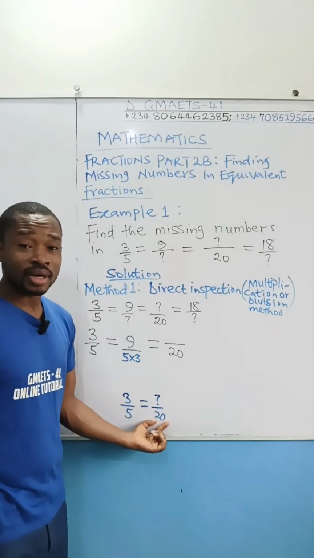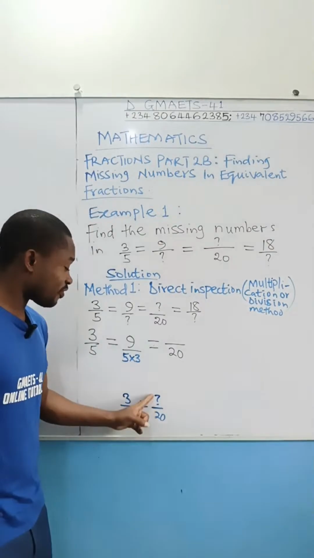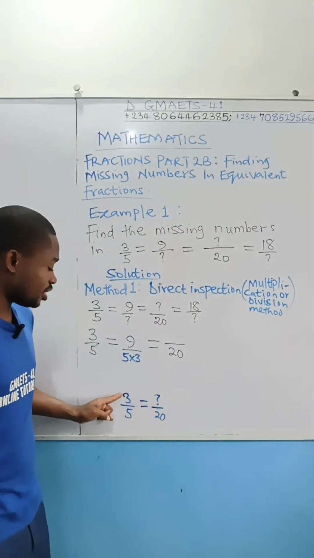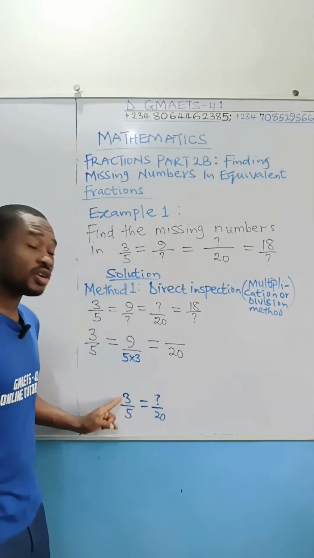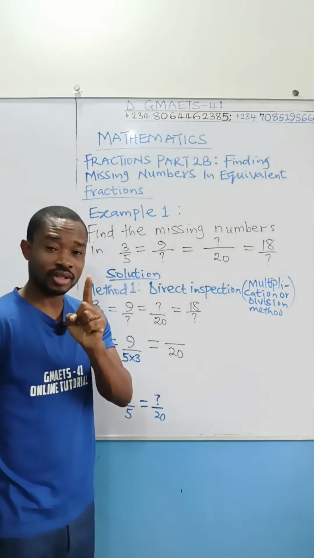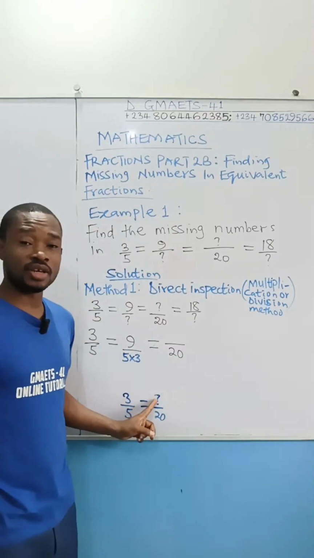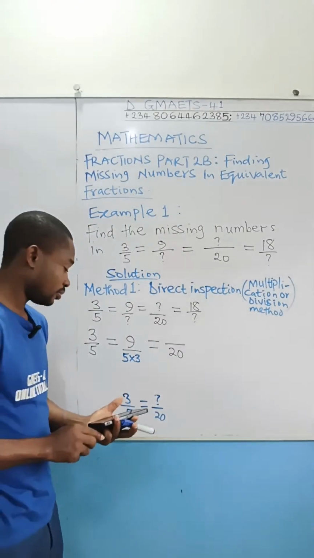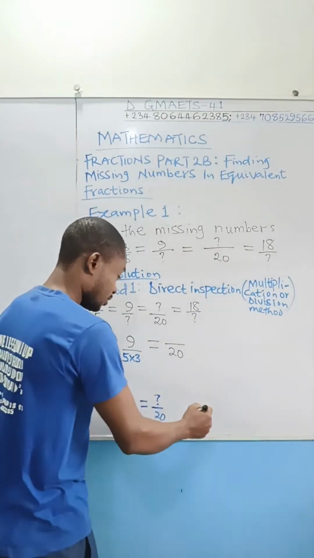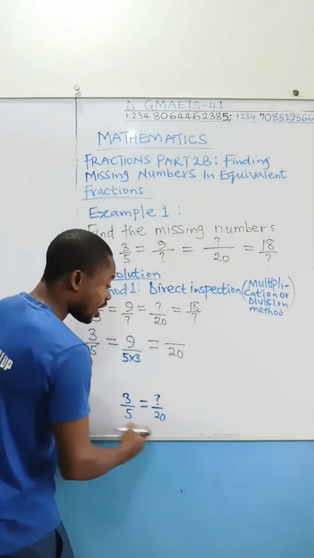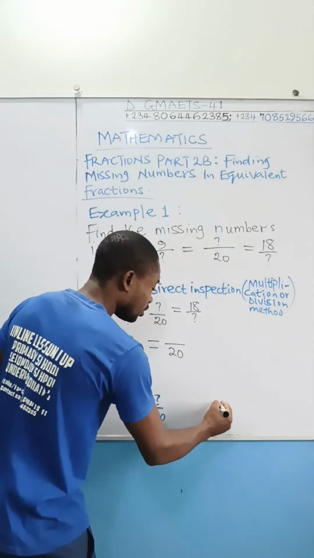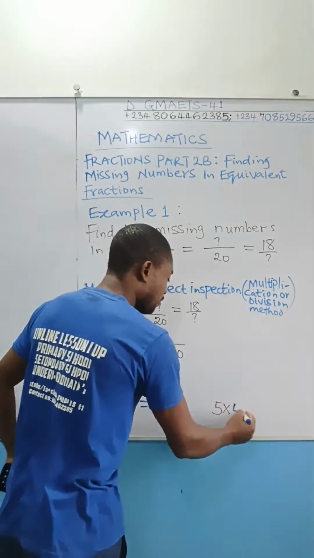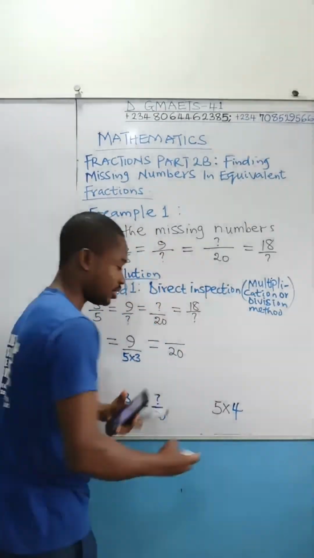Once you know that number, it means that this fraction here was actually obtained by multiplying the numerator and denominator of this 3/5 by that number. And that will help you to get this missing number. I'll quickly show you that. 5 times 4 will give you 20.